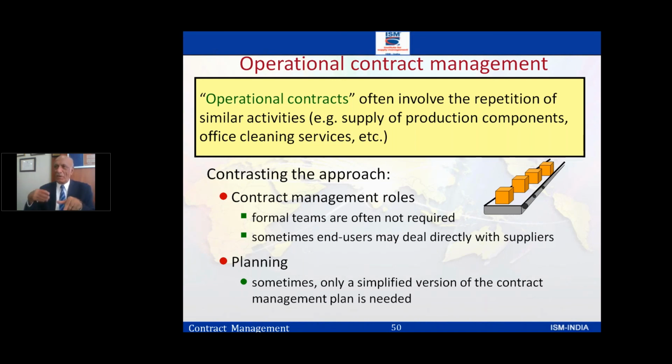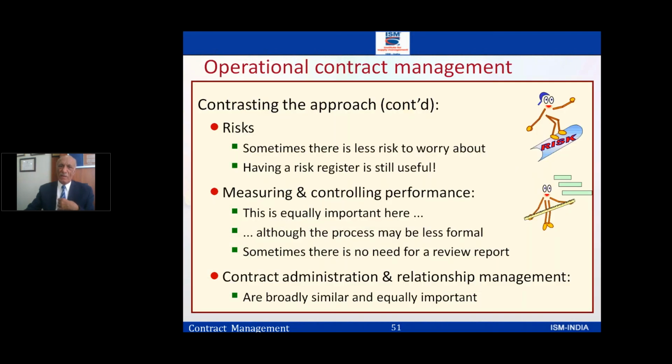If a part doesn't come in, my assembly line comes to a halt. So the approach could change. There have to be different ways to manage the contract, particularly in an assembly or production line, where any delay or cost increase could affect my production. So the risks are relatively higher than under project procurement.